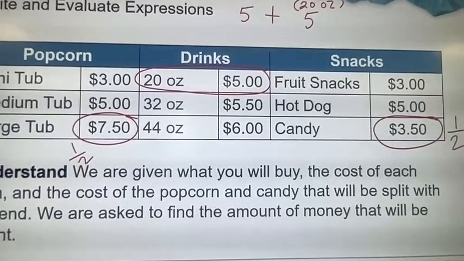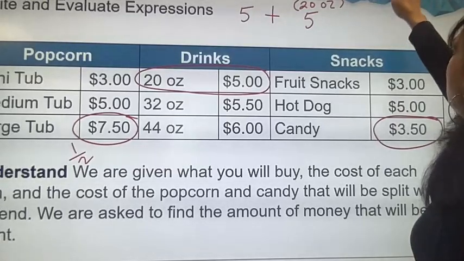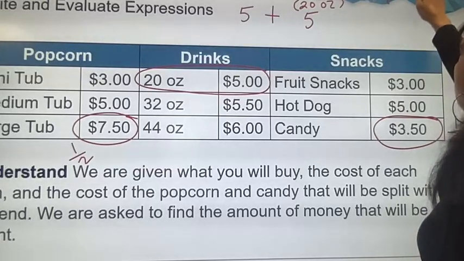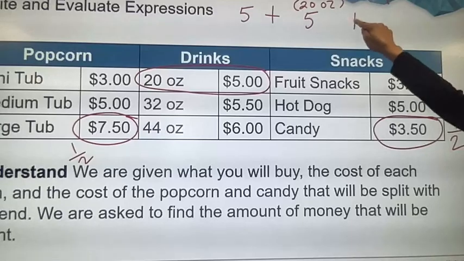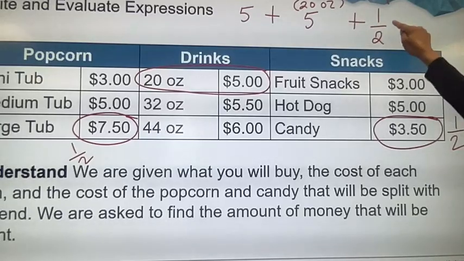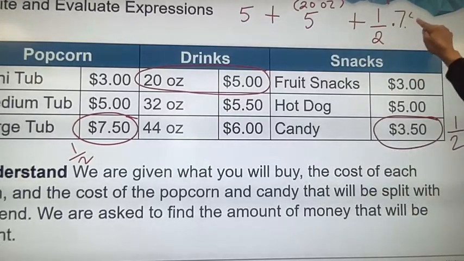So now when I'm writing this down, we've got the ticket, we've got the drink, and you're splitting the cost of the popcorn. So what is this going to be? Plus 1/2 times how much? $7.50.